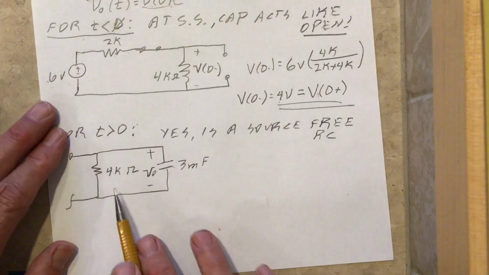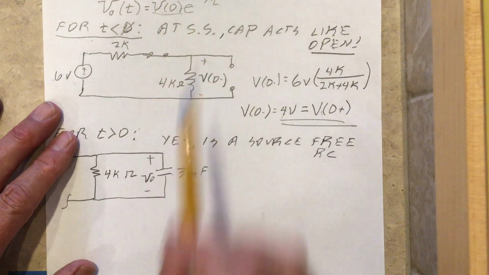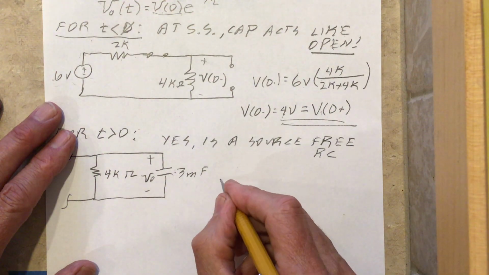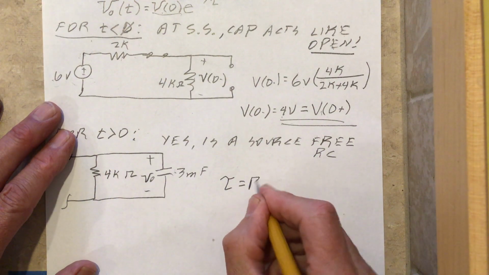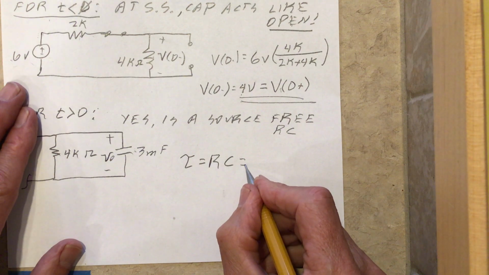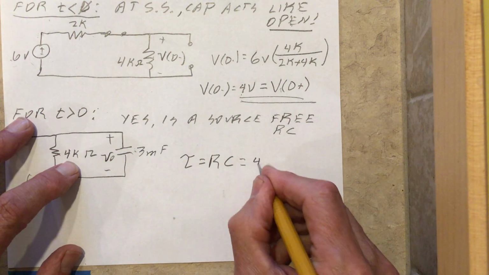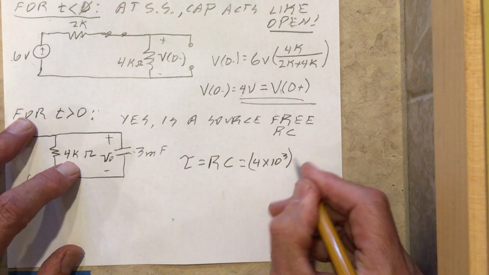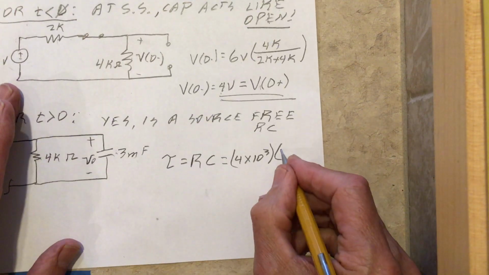And that's what we have at this point. Let's see. We now have, we need tau. So for a source-free RC circuit, tau is R times C. So what do we have? That comes out to be R is 4K ohms, 4 times 10 to the third. Our capacitor is 3 milli, 3 times 10 to the minus third.